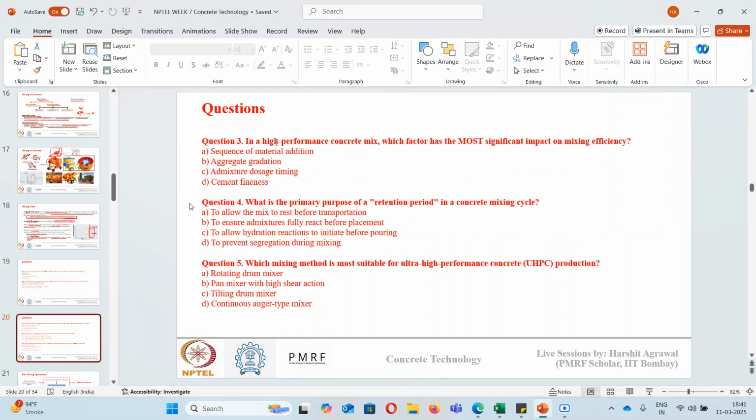Okay, now answer this third question. In a high performance concrete mix, which factor has the most significant effect on the mixing efficiency?